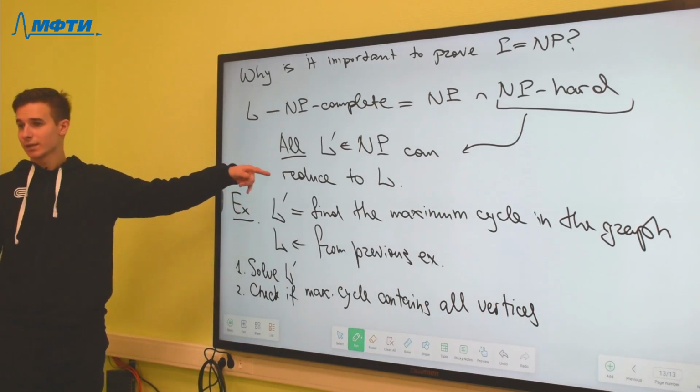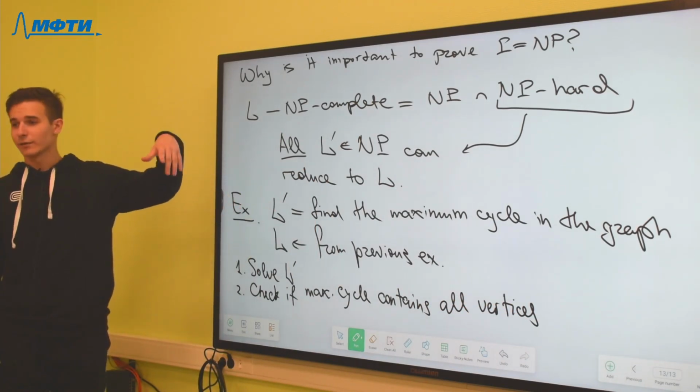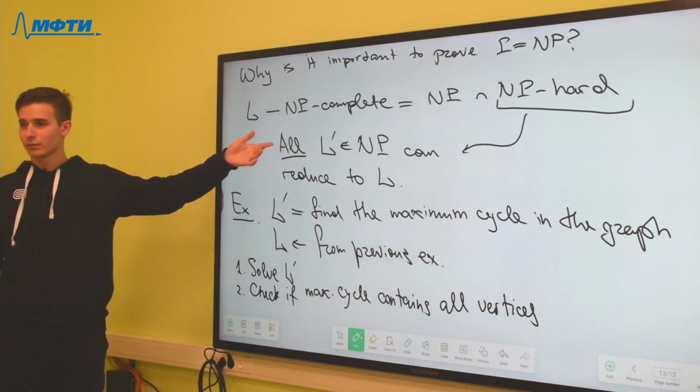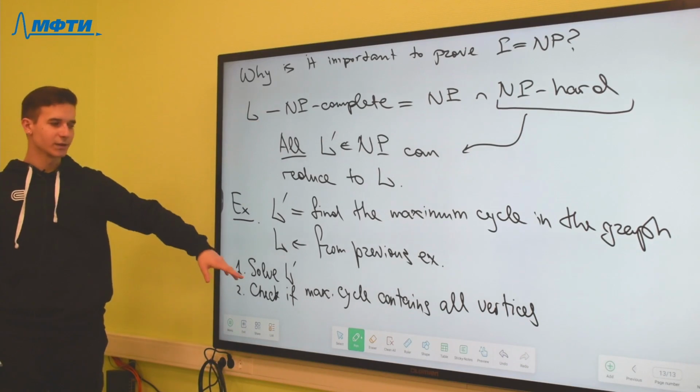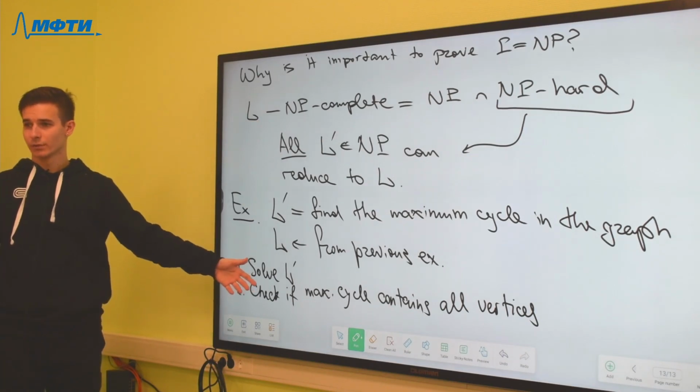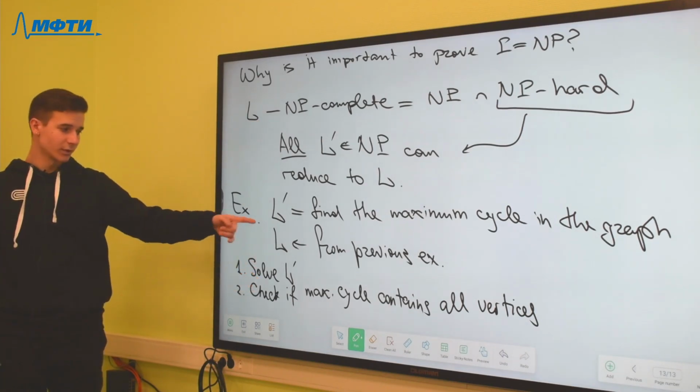If it contains all vertices, then we say that the graph is Hamiltonian. Otherwise, we say that it is not a Hamiltonian graph.